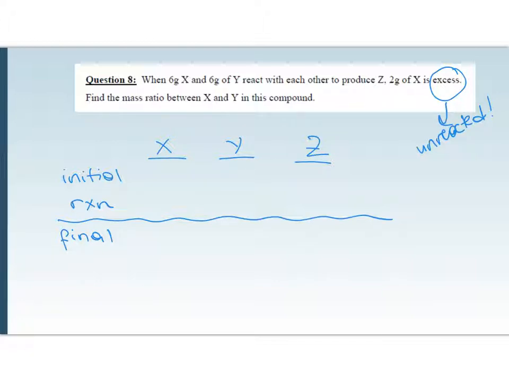Initially, I have 6 grams of X, 6 grams of Y. This is before the reaction. Now what happens after the reaction? It says 2 grams of X is excess. So I'm going to write that 2 grams here. So this is left to me after the reaction. So this means that 4 grams of X is used.